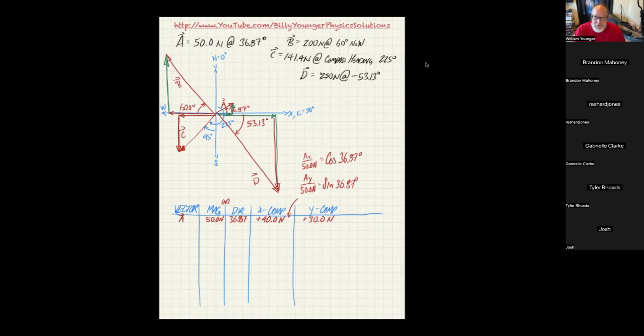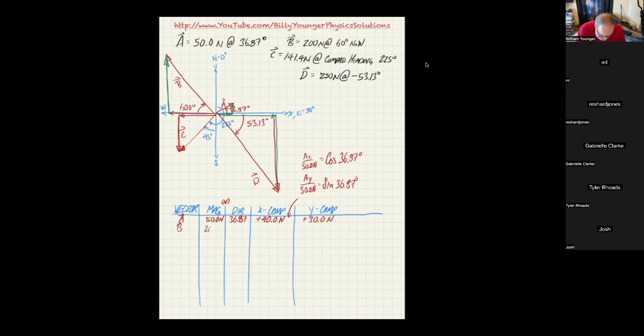And it's way better for you to physically think about which way the x-axis is pointing versus which way your x component is pointing.